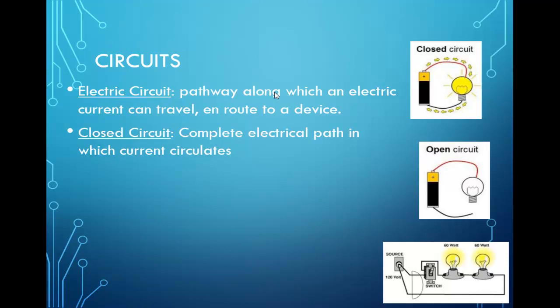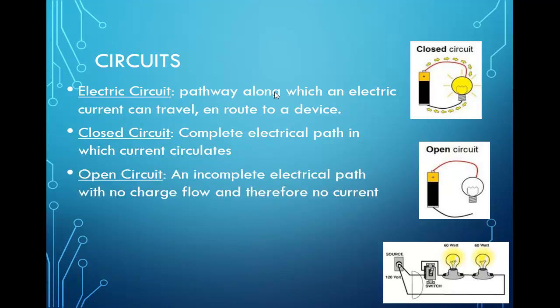Closed circuits are a complete electrical path in which current circulates. Open circuits are an incomplete electrical path in which no charge flows and therefore there is no current.